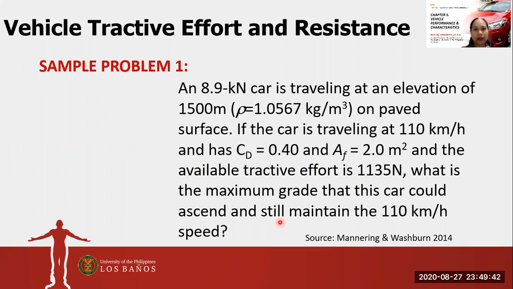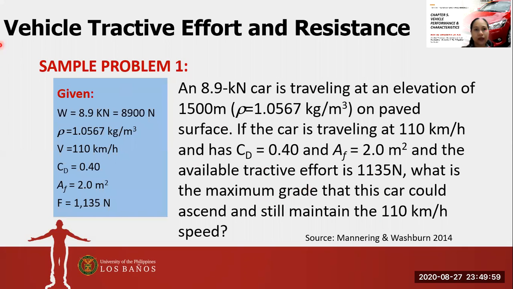So in this problem, with all the given information, we are asked to find for the maximum grade, G, capital G. So let's identify what are the given in the problem. So we have the weight, which is equal to 8,900 newtons, the air density, we have the speed in kilometers per hour.